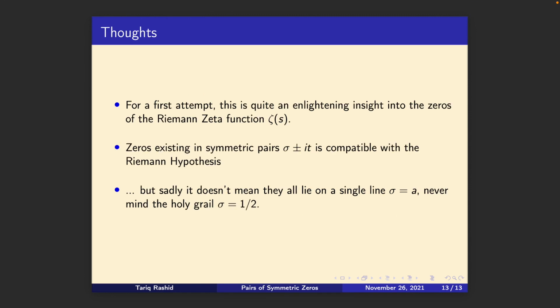Interestingly, the fact that the Riemann zeta function's zeros are symmetric above and below the real line is compatible with the Riemann hypothesis, which says that they all lie on the line with real part half. It's compatible with it, but it doesn't actually mean they all lie on a single line. Let's see what I mean by that.